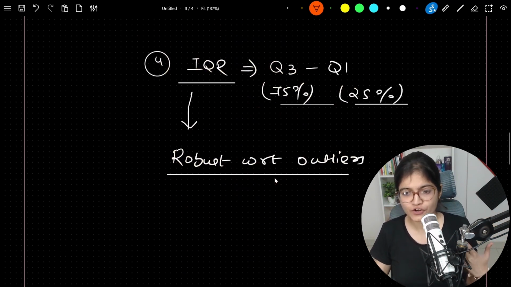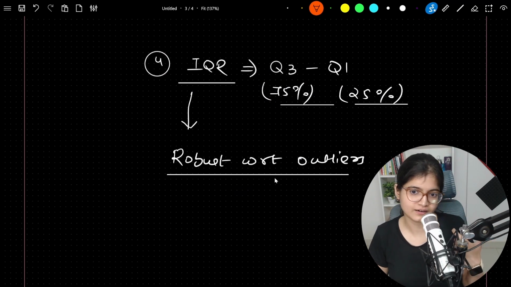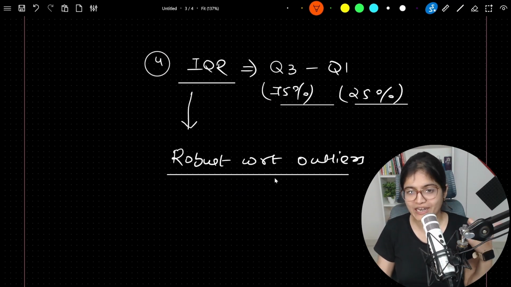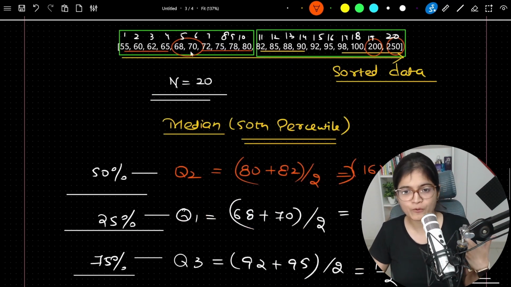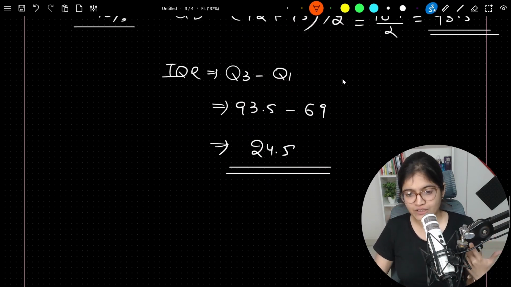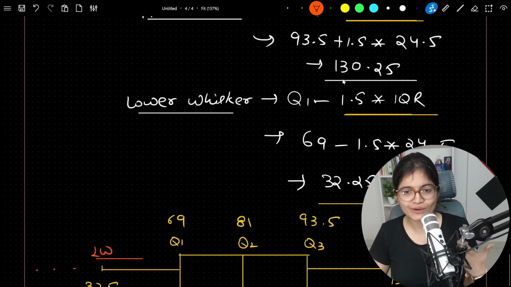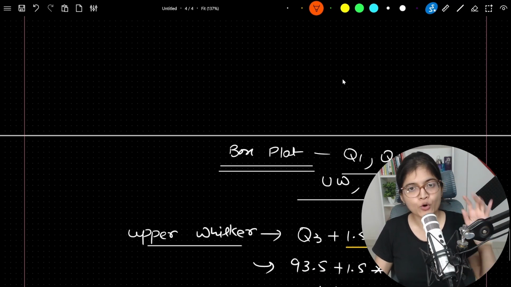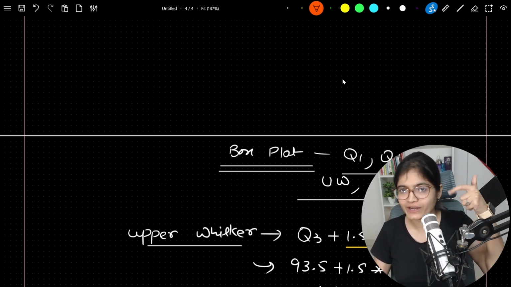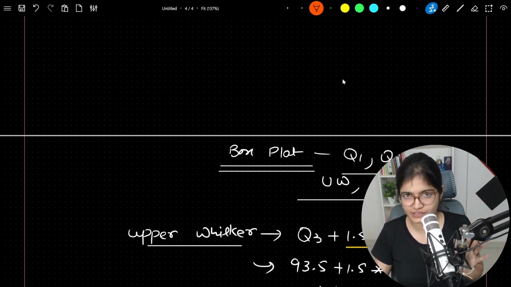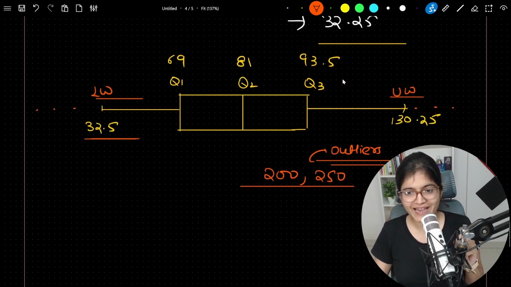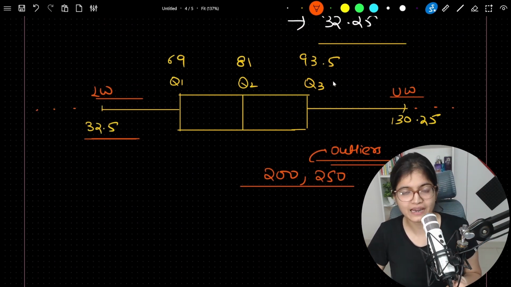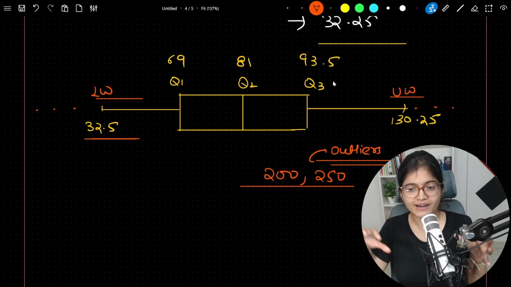After this, we had a great workaround on how to evaluate Q3 and Q1 with the help of one dummy data. Afterwards, we talked about how to evaluate upper and lower whisker to create a box plot. A box plot is composed of 5 important components: Q1, Q2, Q3, upper and lower whisker. We observed that in this data, 200 and 250 are outliers.